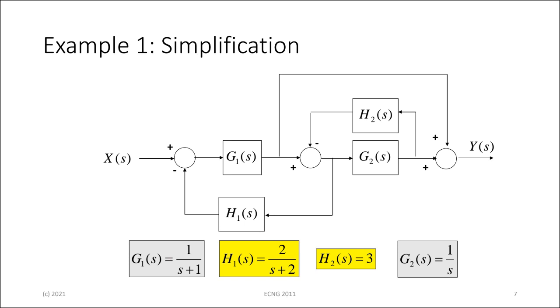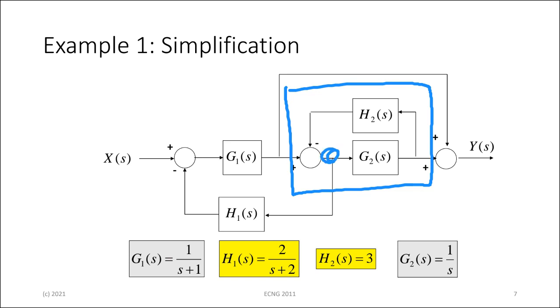So let's look at this one. We started it off and we said, all right, this block here is almost the normal two-block feedback, except for a takeoff junction here.